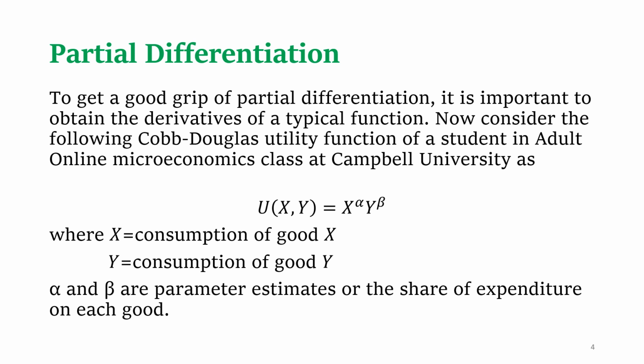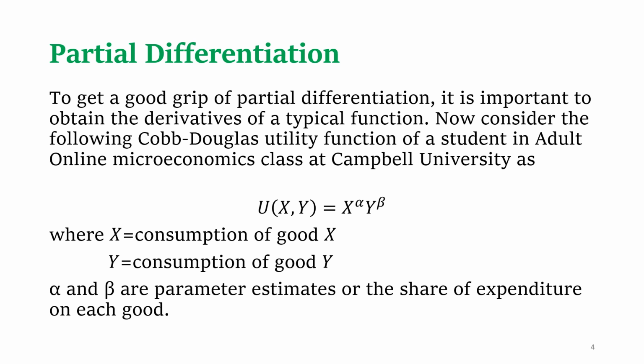So now, to get a good grip of partial differentiation, let us now try to look at certain examples. We want to maybe look at a Cobb-Douglas utility function, wherein an individual spends his or her income on maybe two goods.